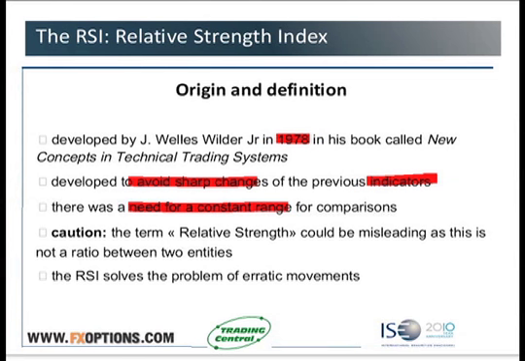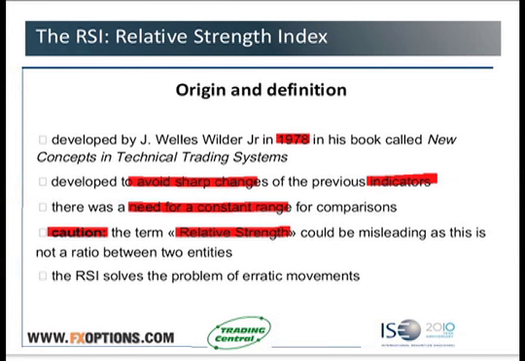So, be very cautious because the term relative strength is not a ratio between two entities. For example, sometimes in the financial market, you can hear this is a ratio between, let's say, a stock and its index. For example, Boeing toward the S&P, and this is what we call a ratio or relative strength.